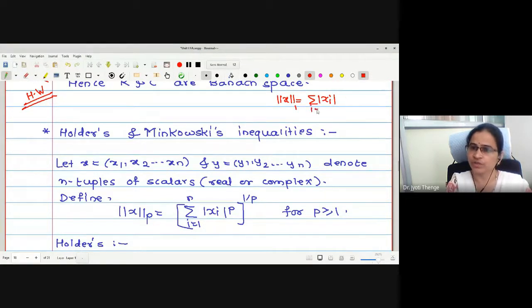Therefore, it simply gives |x1| plus |x2| plus up to |xn|. This is just the addition of the respective coordinates in modulus. In two-dimensional spaces, we have seen how this distance is calculated. Similarly, it will be in the n-dimensional space as well.